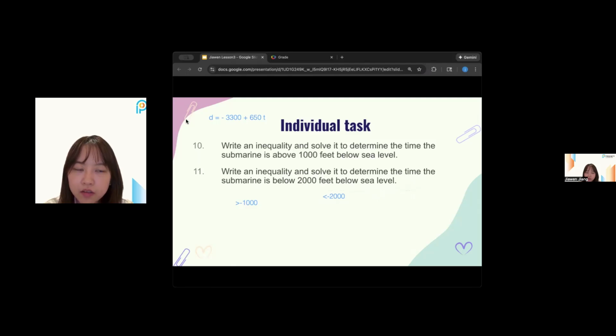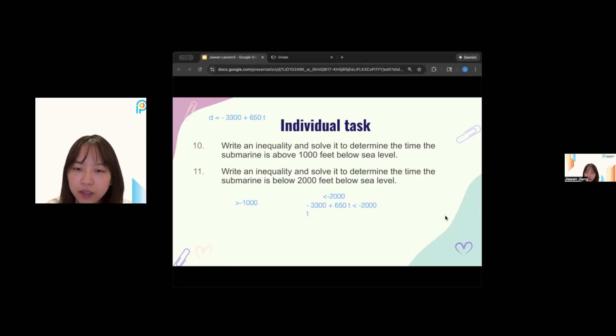So we got D is less than minus 2,000. So D equals minus 3,300 plus 650 times t, less than minus 2,000. Okay, so we just solve this and then we will get the answer.